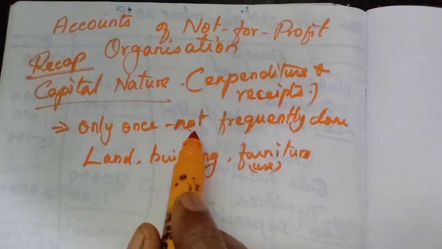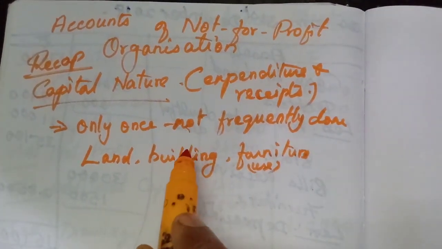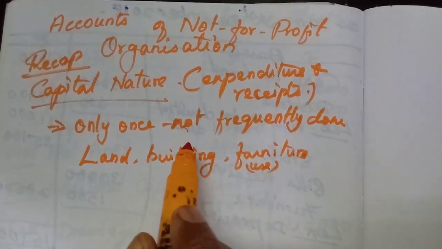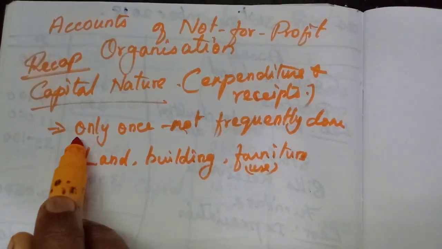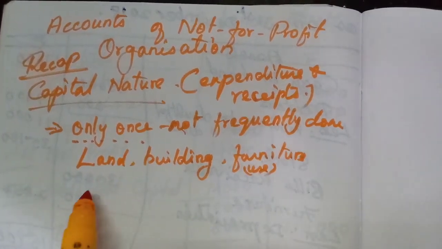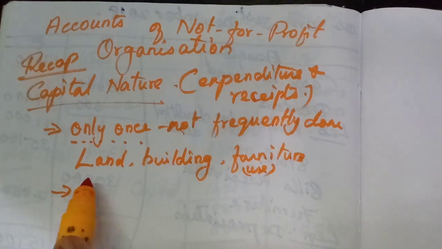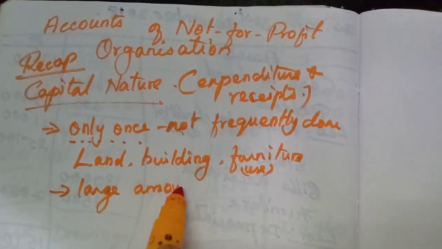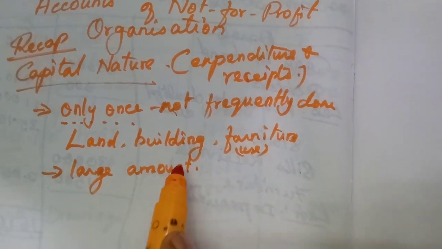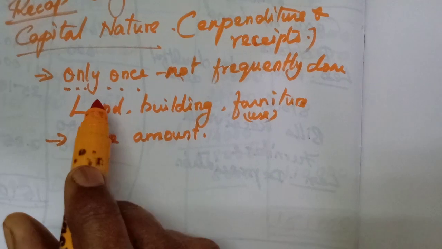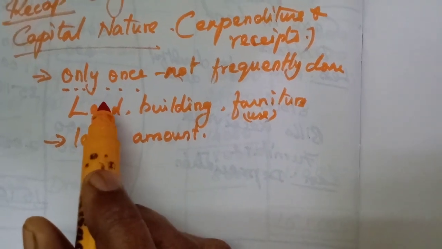But it doesn't happen in the day-to-day affairs, every day or every week, every month. It is very rare, and often it may be done only once. And it is of a large amount. The amount may be large. All these transactions will come under capital nature, capital expenditure and capital receipt.